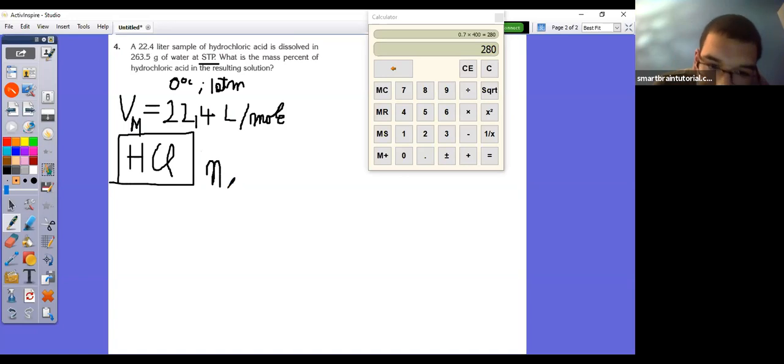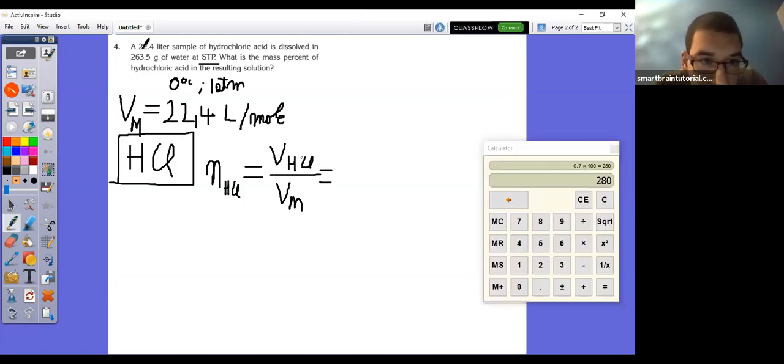The number of moles of any gas, here hydrochloric acid, is the volume of hydrochloric acid over the molar volume.